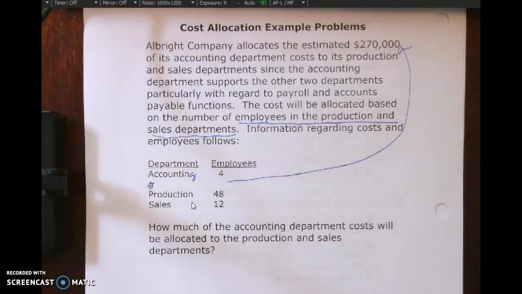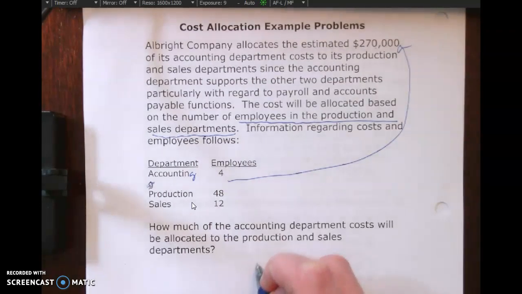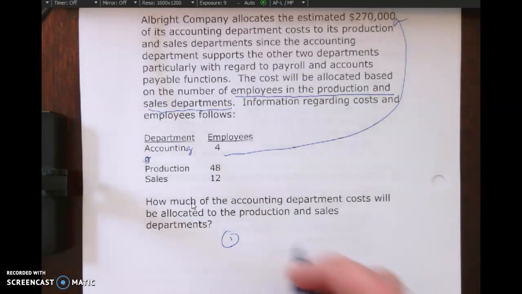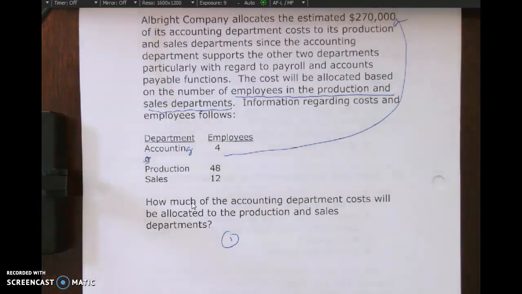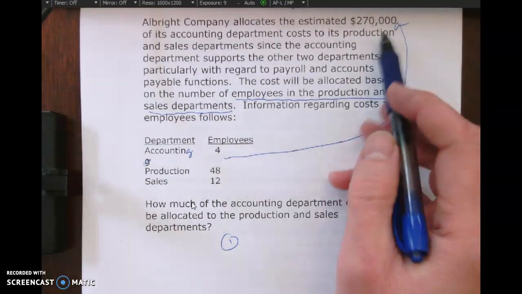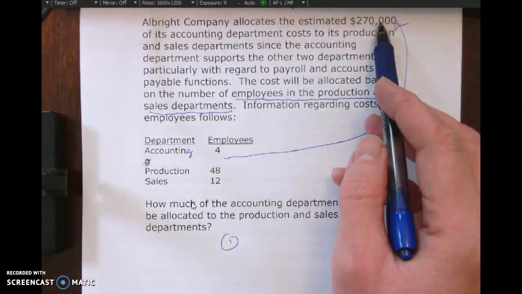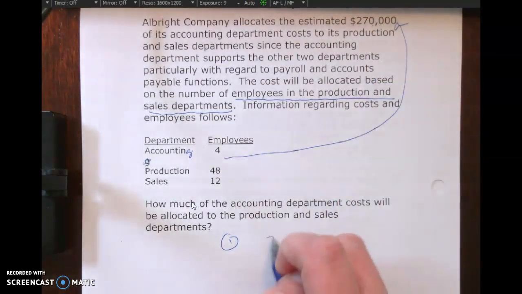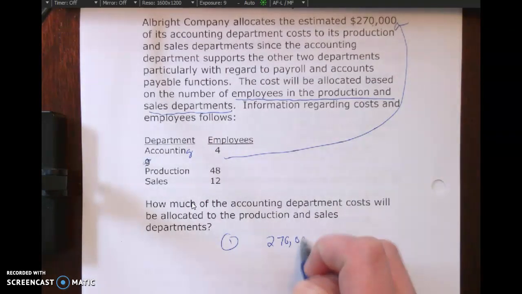So if we think back to how we calculated the rate, we take estimated overhead divided by the estimated allocation base. In this case, we're talking about this $270,000. This is the cost that we want to allocate. So we're going to put that in our numerator. We're going to allocate this $270,000 worth of cost.